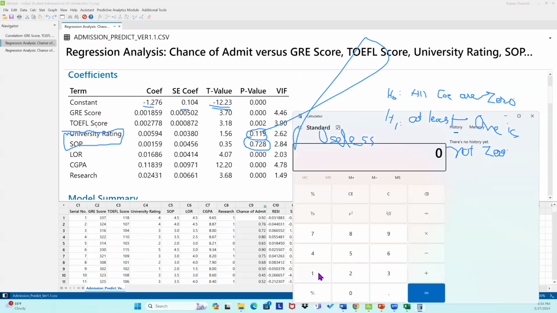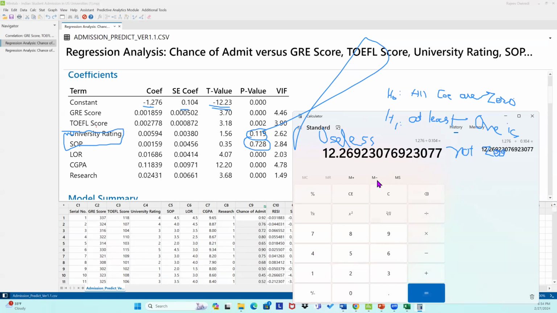Here you can see 1.276, if you can see my calculator, divided by 0.104. Here you can get 12 point something. I did not put the minus sign, but it is about the same. So basically this is the relationship with the p-value.